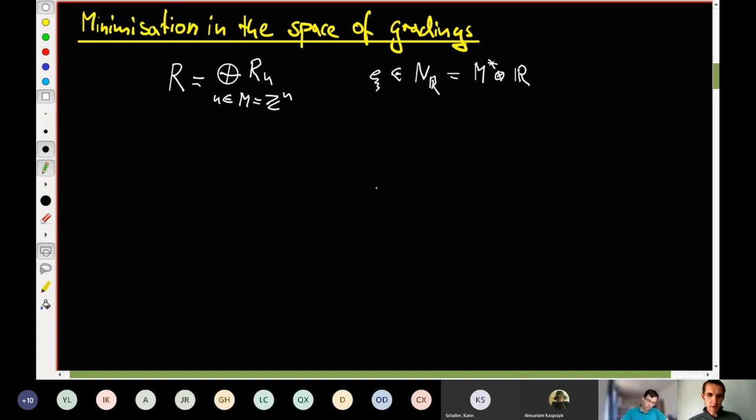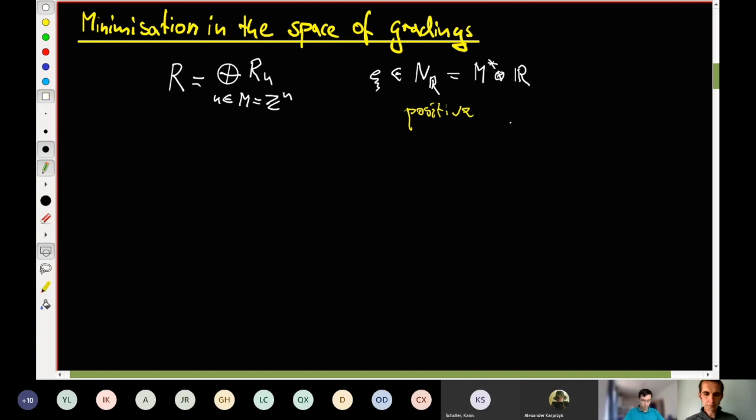And if you recall from the last board, I didn't look for arbitrary Z gradings, but only those which I called positive. And so I will have a positivity condition here as well. So what does positive mean?